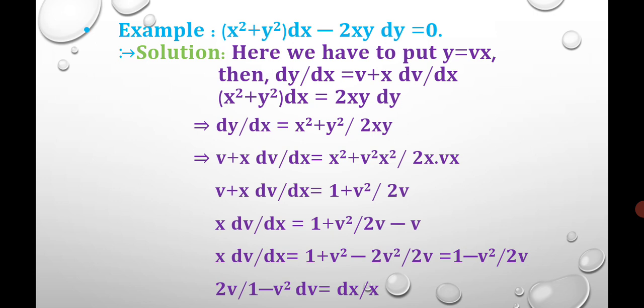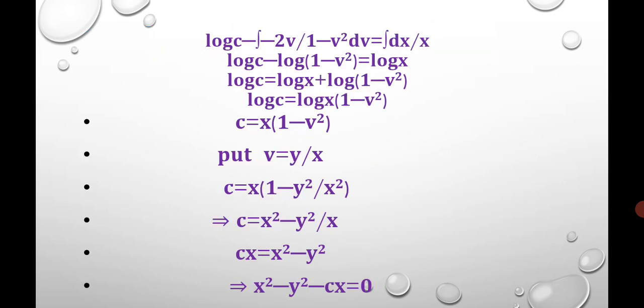Here we have to separate the terms of v and x. Then on taking v and x common terms, 2v upon 1 minus v square into dv equals dx by x. Then we have to take the integration. Then we have log of c minus integration of minus 2v upon 1 minus v square into dv equals integration of dx by x. Here we have to modify this.